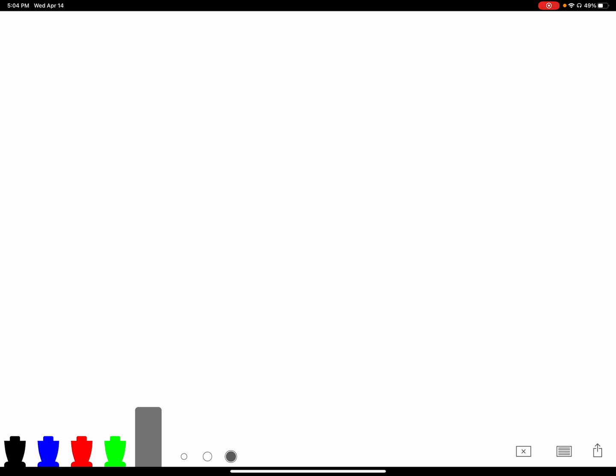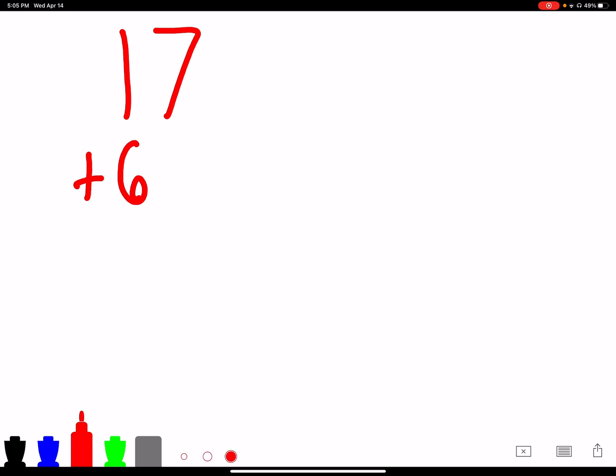So for example, we have the number 17 plus 60. Well, let me erase. There we go. 67. And there's several ways you could do to solve this problem. You can make a number model.